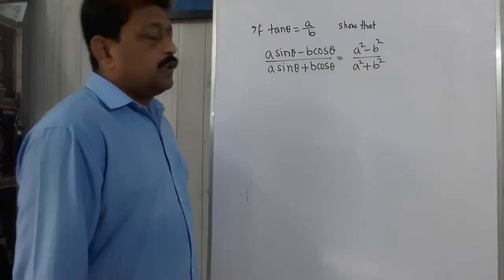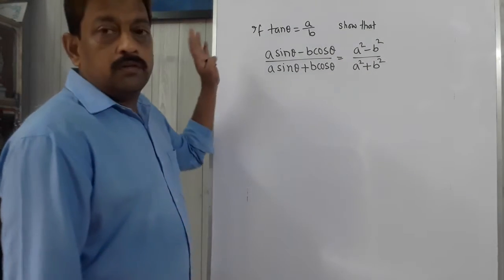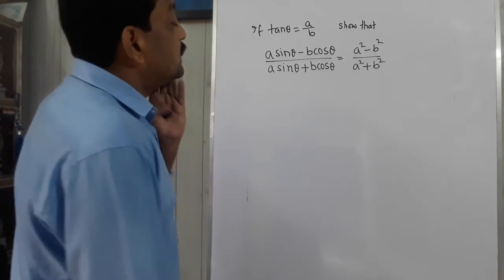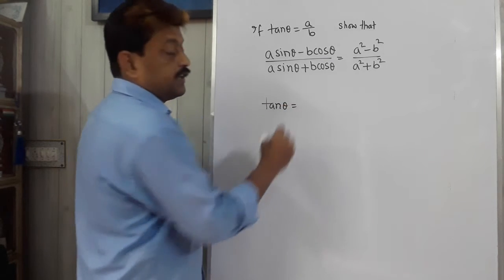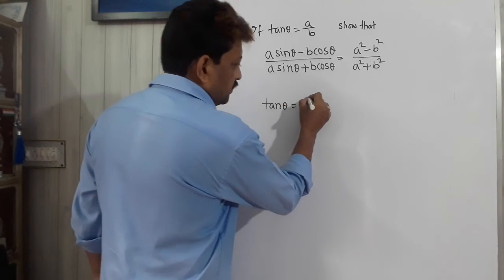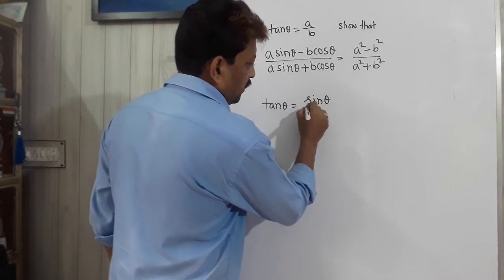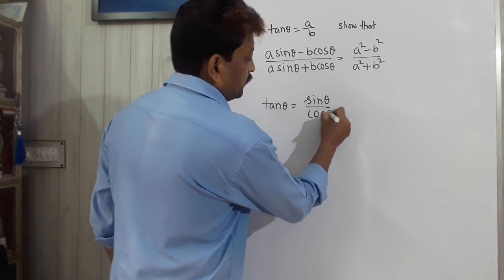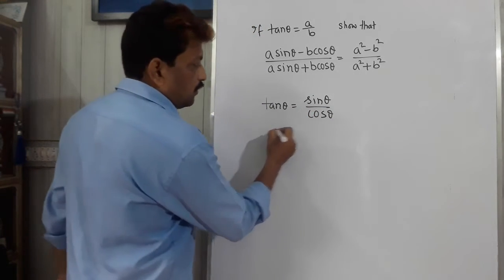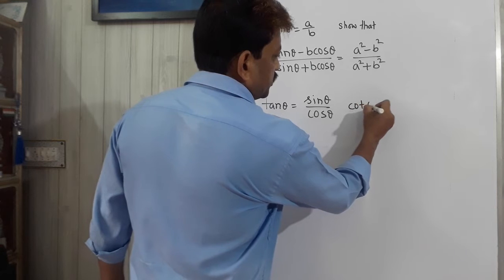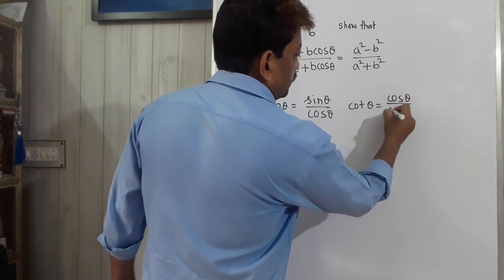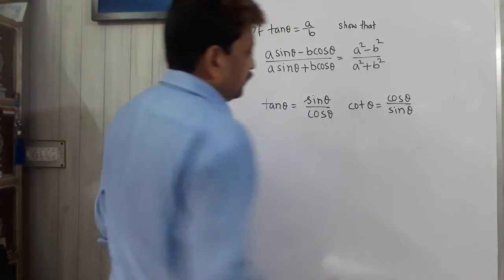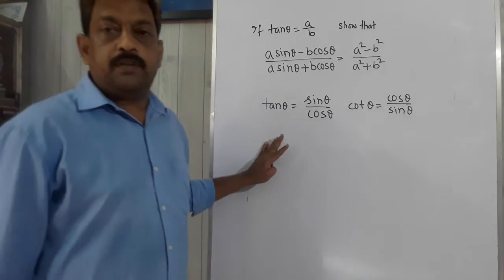So first of all, let me tell you the thing we must discuss first, that tan theta can be expressed as sin theta upon cos theta. Similarly, cot theta can be expressed as cos theta upon sin theta. These two things you have to keep in mind.